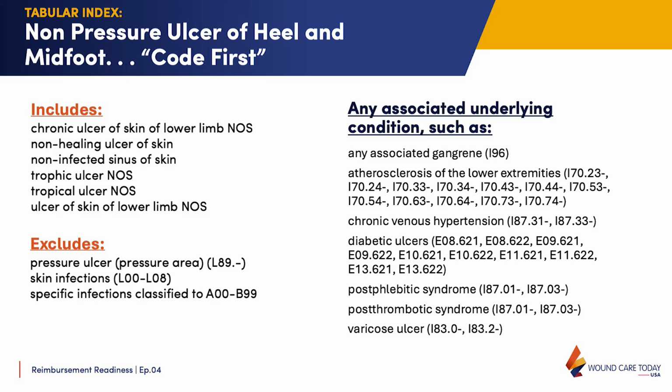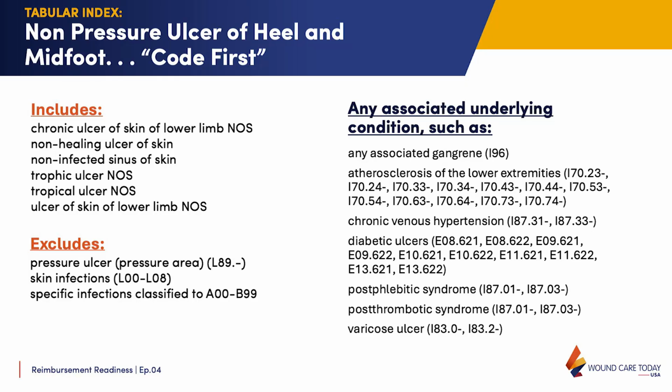And it will tell you that it includes chronic ulcer of the skin of lower limb, not otherwise specified, non-healing ulcer of the skin, non-infected sinus of the skin, trophic ulcer, not otherwise specified, tropical ulcer, not otherwise specified, and ulcer of skin of lower limb, not otherwise specified.